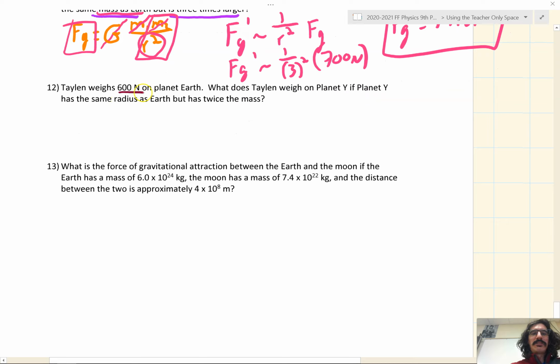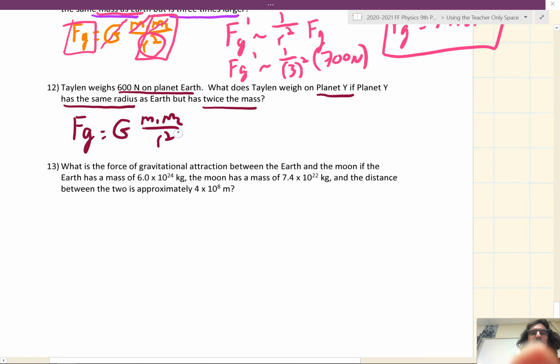Talon weighs 600 newtons on planet Earth. What does Talon weigh on planet Y? If planet Y has the same radius, but twice the mass. Let's start with the original formula. F sub g equals g m1 m2 over r squared.